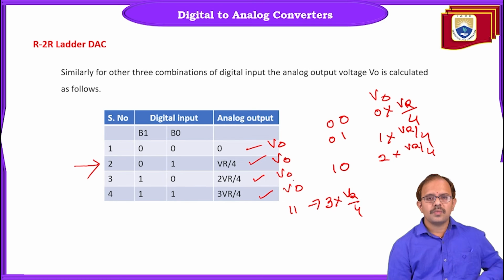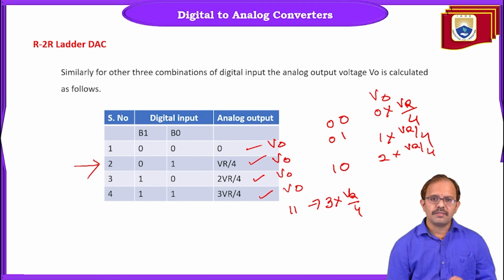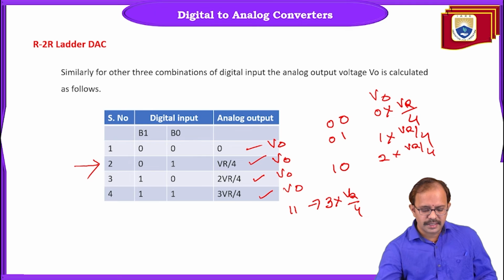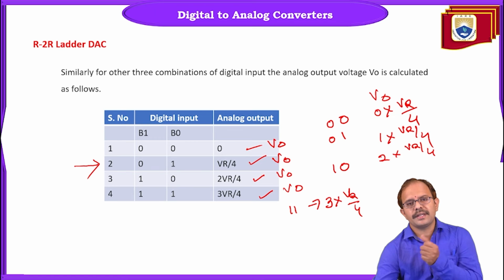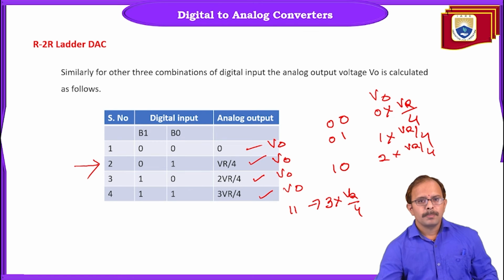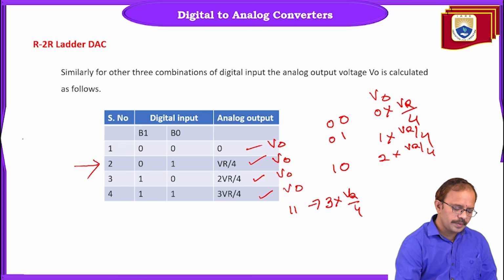So this is how one can generalize and perform the analysis of this ladder DAC, right? If we determine the output voltage for any data sequence, that can be generalized for other data sequences. So this is an illustration for 2-bit data, right?